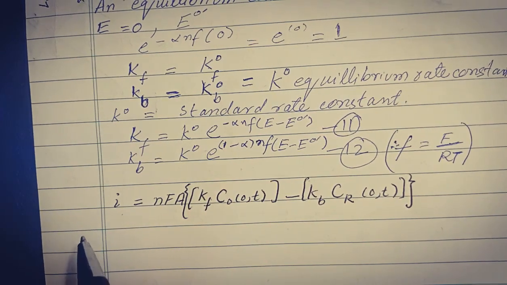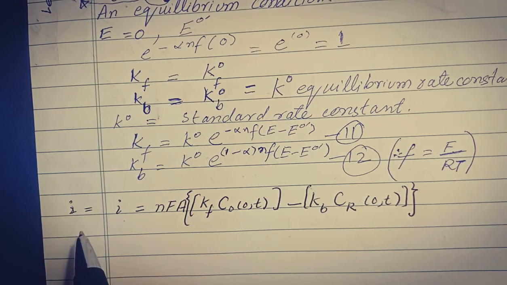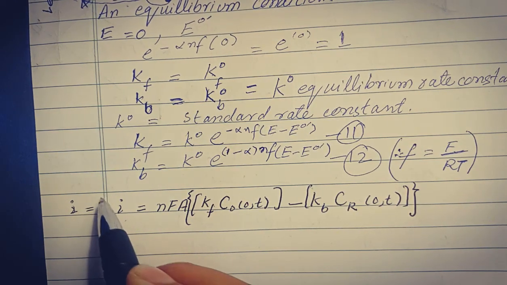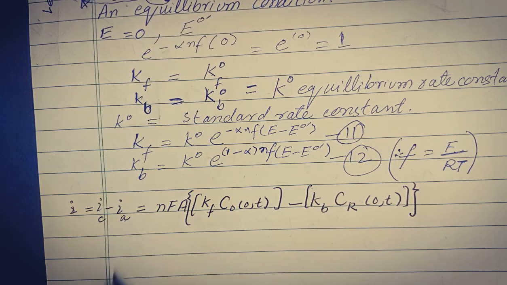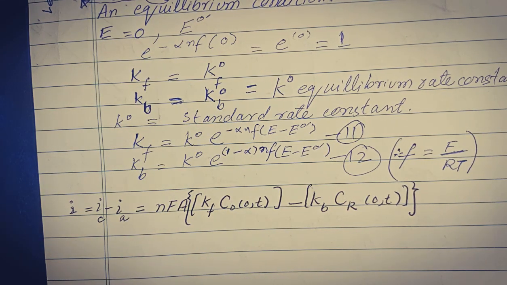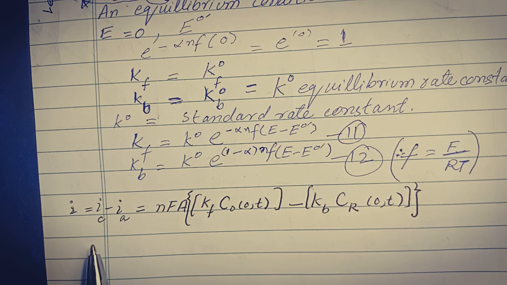And this current is actually the difference of cathodic and anodic currents, which are based on the application of either positive or negative potentials applied to the electrode.